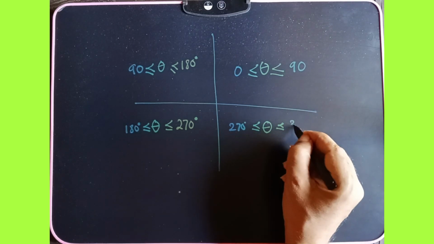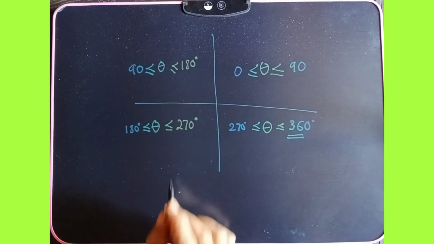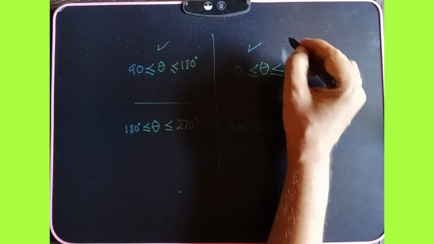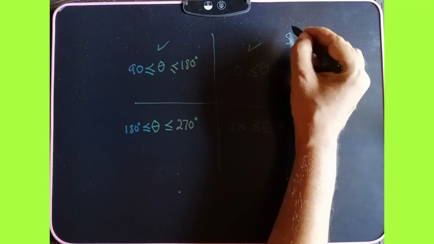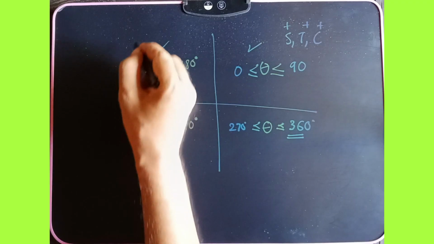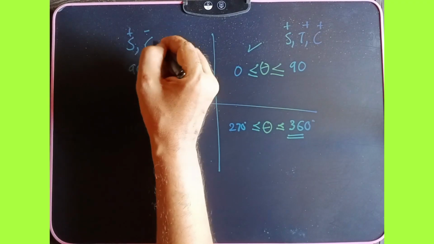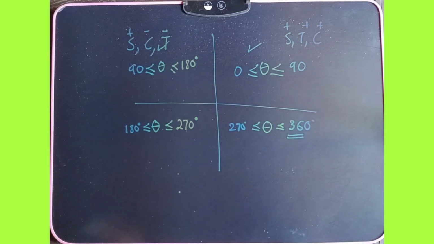We have to write 360 degrees. You remember 360 degrees. For the first quadrant we have seen that sine, tan and cos are all positive. Here sine turned out to be positive, cos turned out to be negative, and tan turned out to be negative.